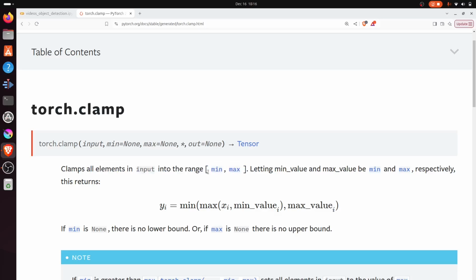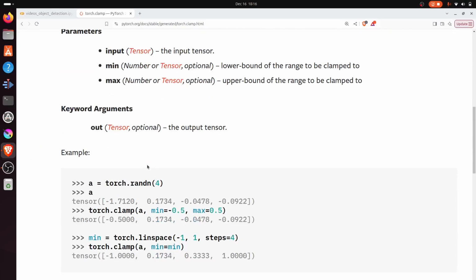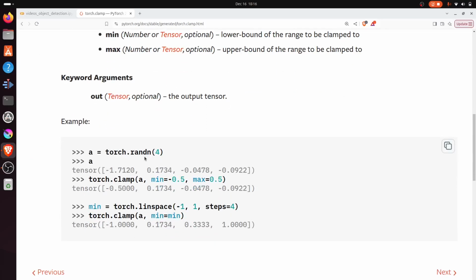You specify a minimum value and a maximum value, and it respects those as your boundary. Any value below the minimum is replaced by the minimum, and the same story with the maximum. Here we have a simple example of a 1D vector, and we are going to clamp it on both the left and the right side, with minus 0.5 for minimum and 0.5 for maximum.